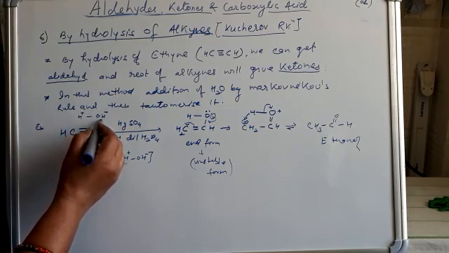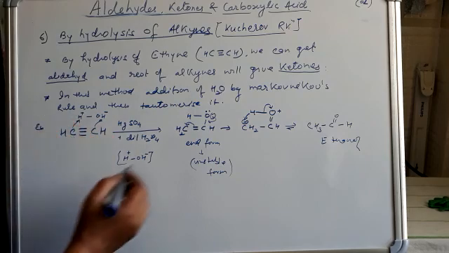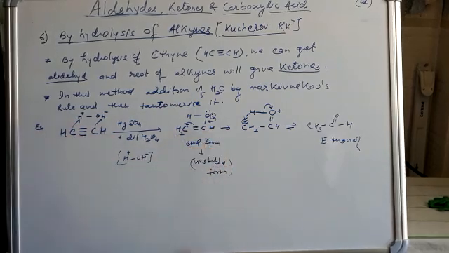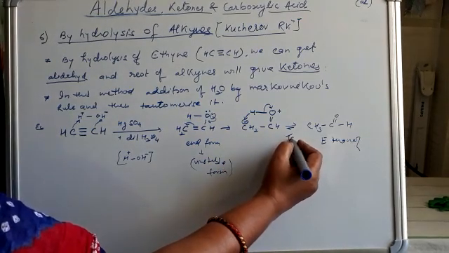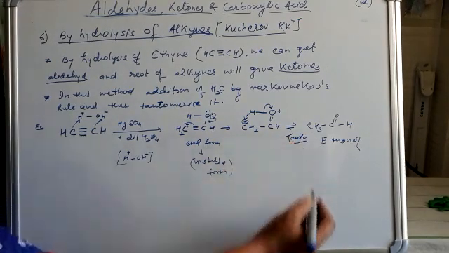Suppose this takes this and this takes this. So this type of compound forms, and here is tautomerization and the formation of the product.